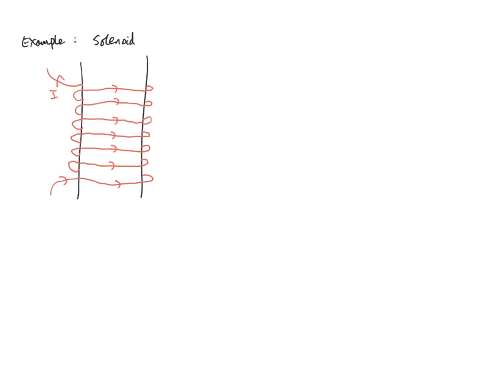For the sake of completeness, let's also say that the radius of this cylinder here is capital R, and the length of this cylinder is L. So what we have is, if you like, n closely wound turns of wire per unit length. This is how we're going to quantify the density of these loops.